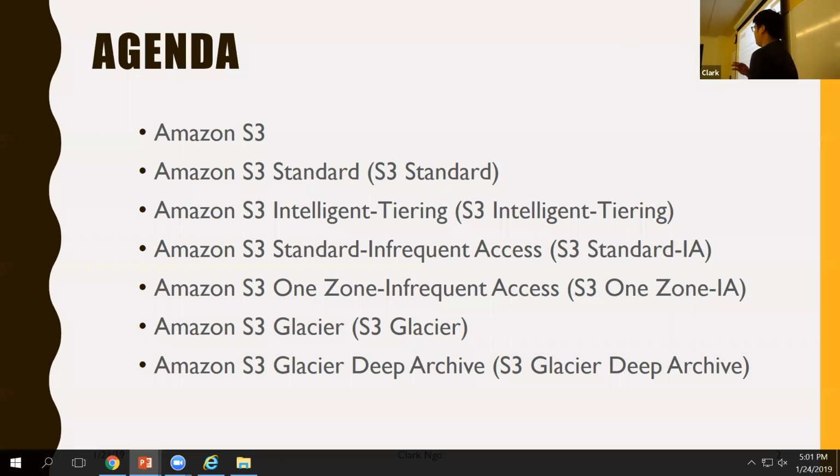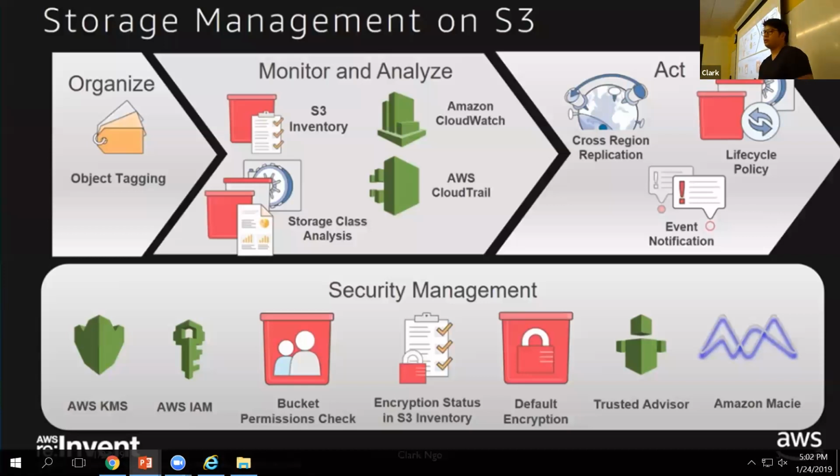But if you want to manage your cost, your storage, and your input and output of files, definitely look into S3 Intelligent-Tiering, Standard Infrequent Access, One Zone Infrequent Access, Glacier Deep Archive. With these different tiers, I would explain it based on use cases to make it simpler. But before that, let's check what is S3.